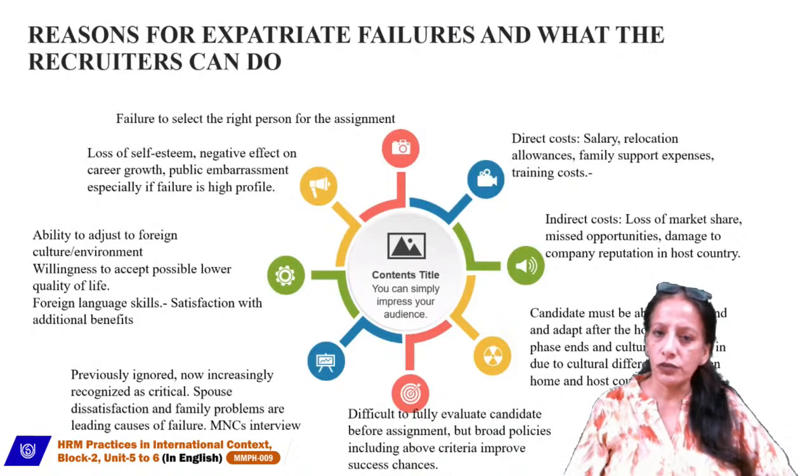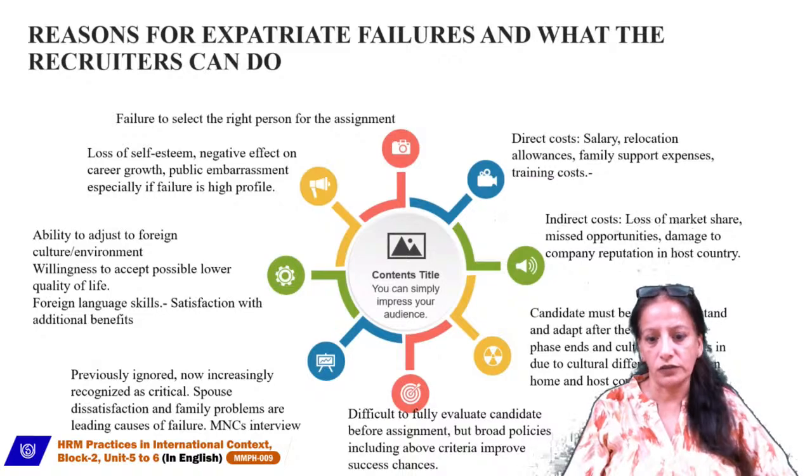So most of the multinationals interview the spouses also before selection, because there is a direct cost of salary, relocation, allowances, family support expenses, and training cost included.